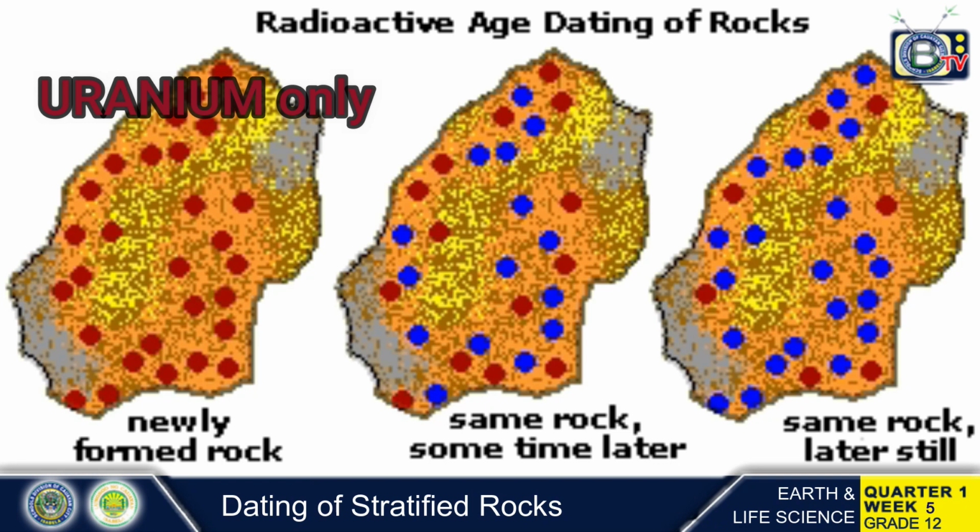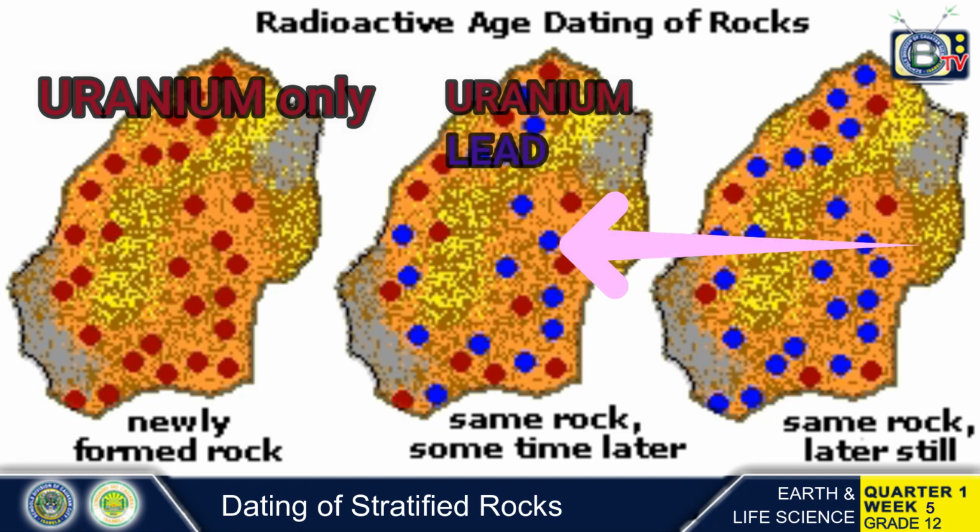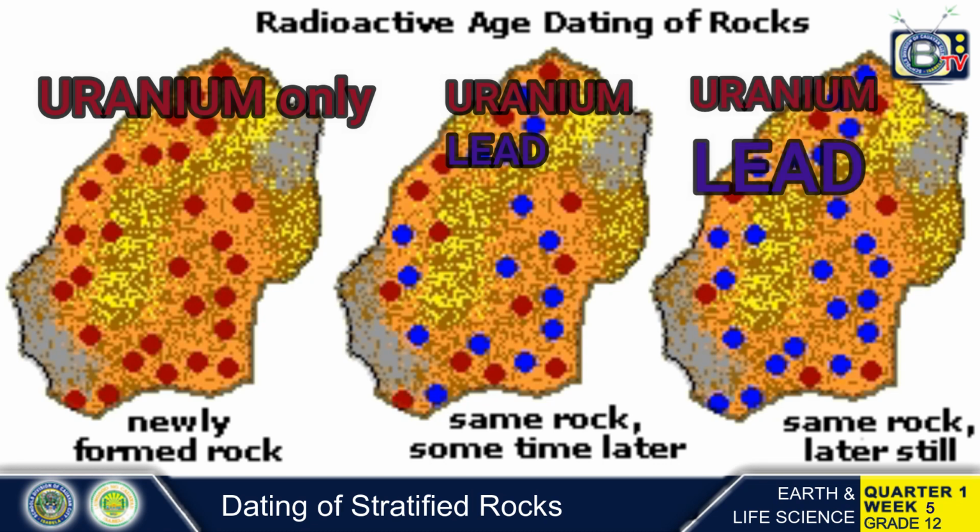But some time later, you can see that there is also lead, almost the same in number as uranium. And in the third picture, there is more lead than uranium.